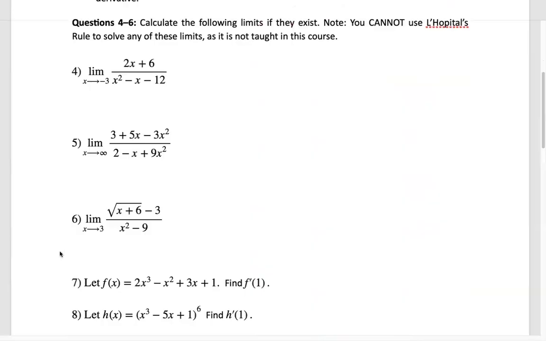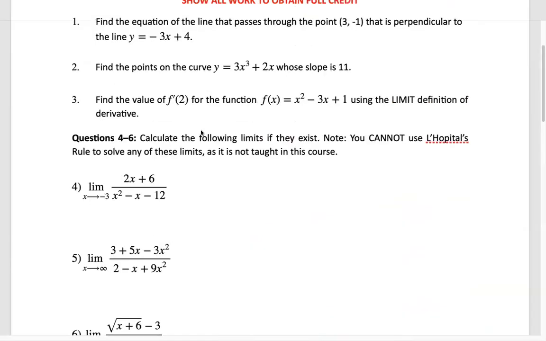Oh, we didn't finish because we need to find f prime of 2, right? So now we found through the limit definition that we get 2x minus 3. You can also get it from the power rule, right? But if you get it from the power rule, you don't get credit because this asks you to go through the limit definition.